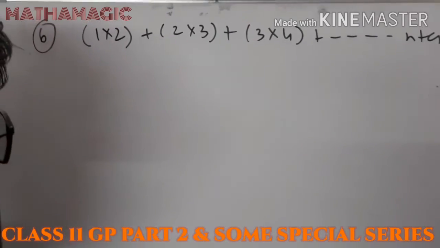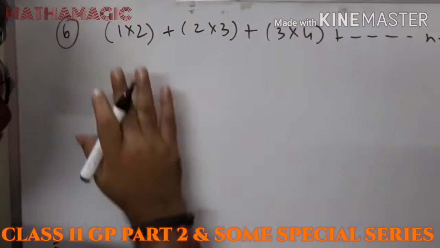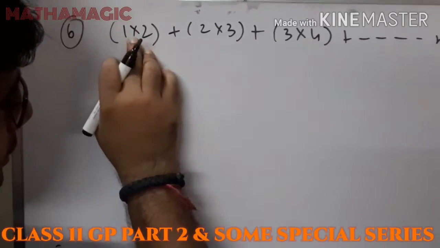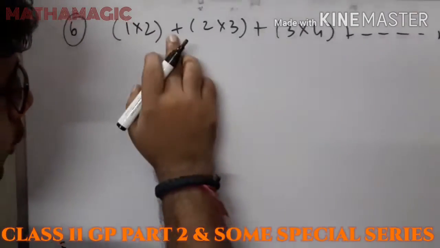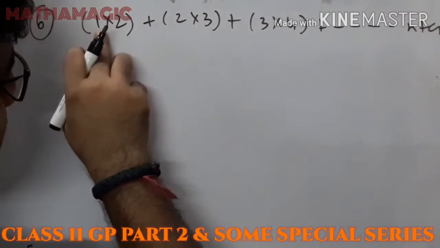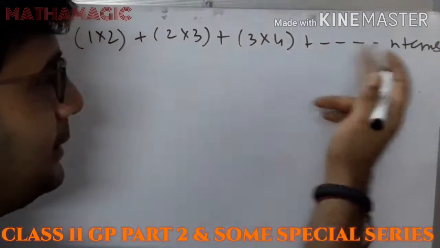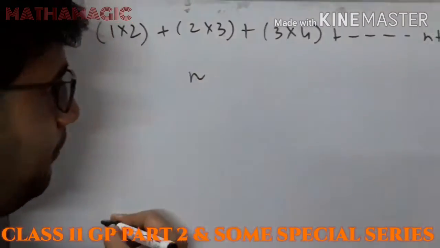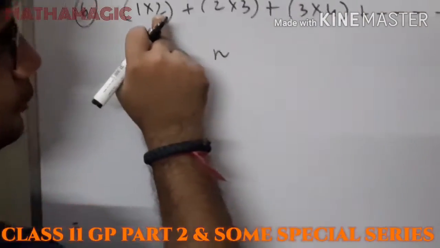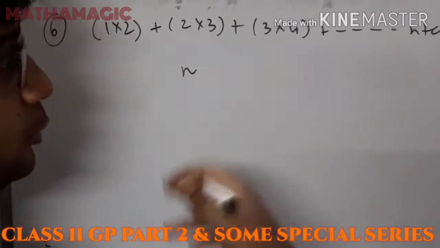By seeing the series, just try to understand the concept very carefully. This multiplication is the main sign. We will just ignore the plus here. If we have a series 1, 2, 3, what will be the nth term of that series? Definitely that will be n. And if we have a series 2, 3, 4 up to n terms, what will be the nth term?